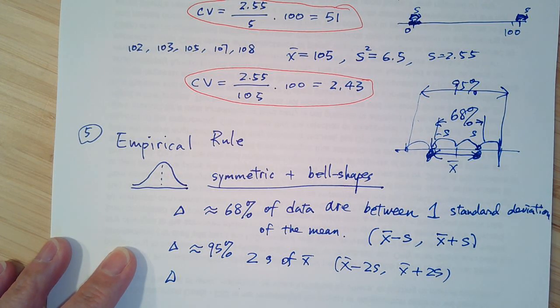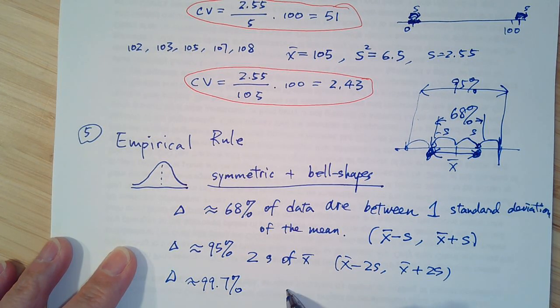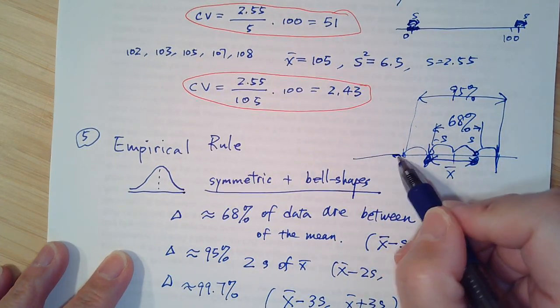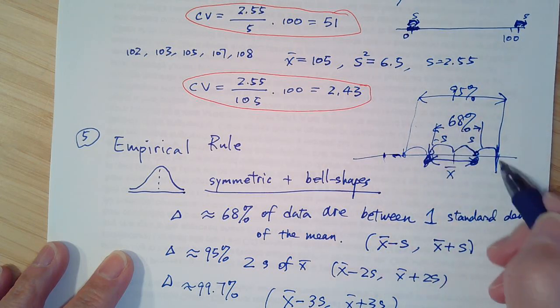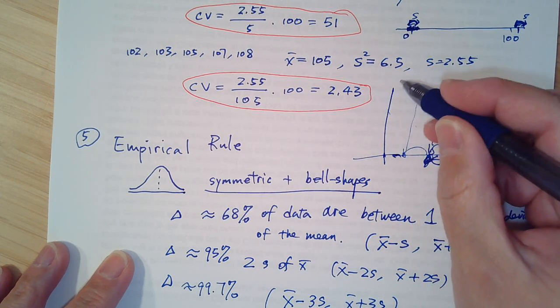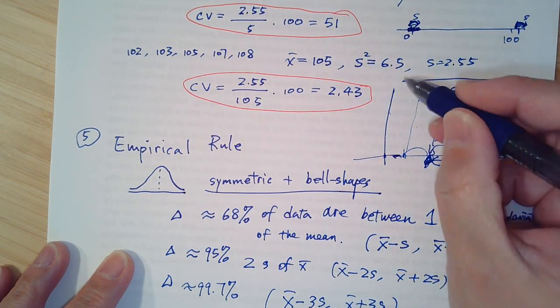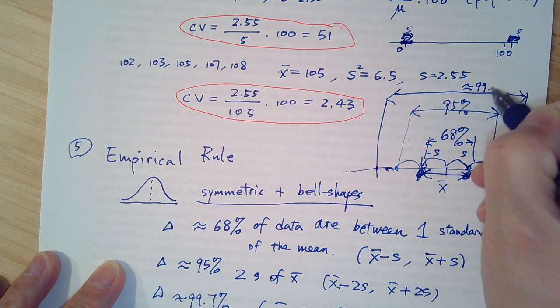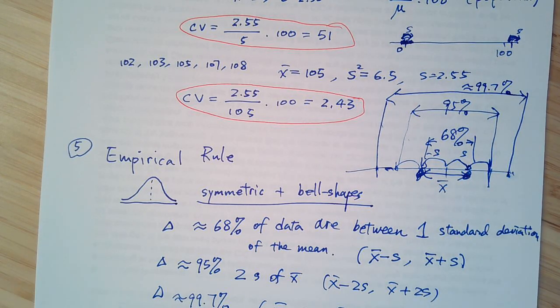Okay, and then the last one is 99.7%. That's going to be between x bar minus 3s and x bar plus 3s, which means, okay, if you go a little bit wider, another standard deviation. So in this interval, we have roughly 99.7% of the data, almost all the data will fall within 3 standard deviations of the mean.